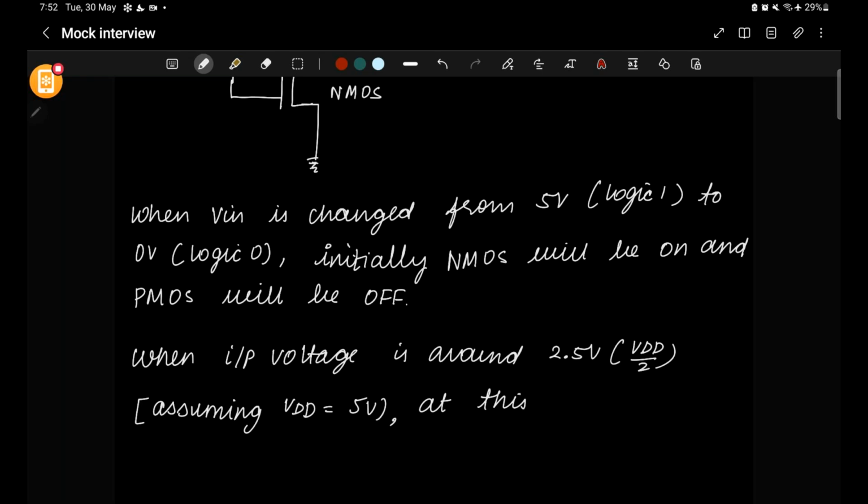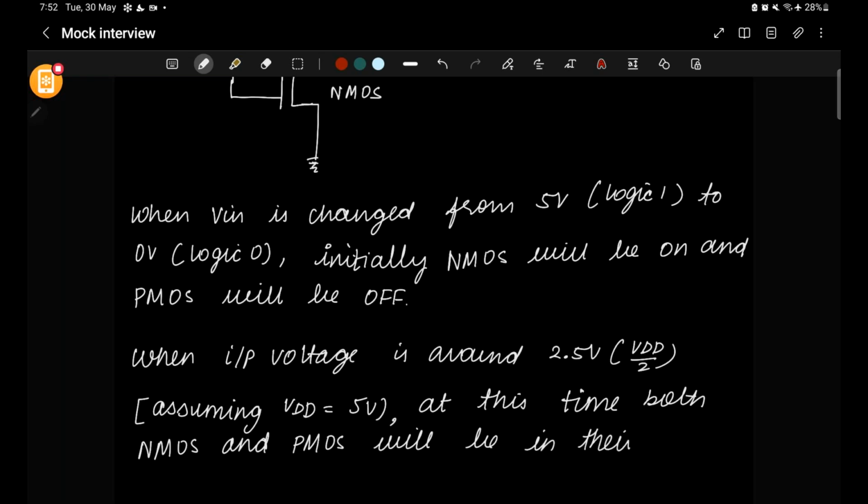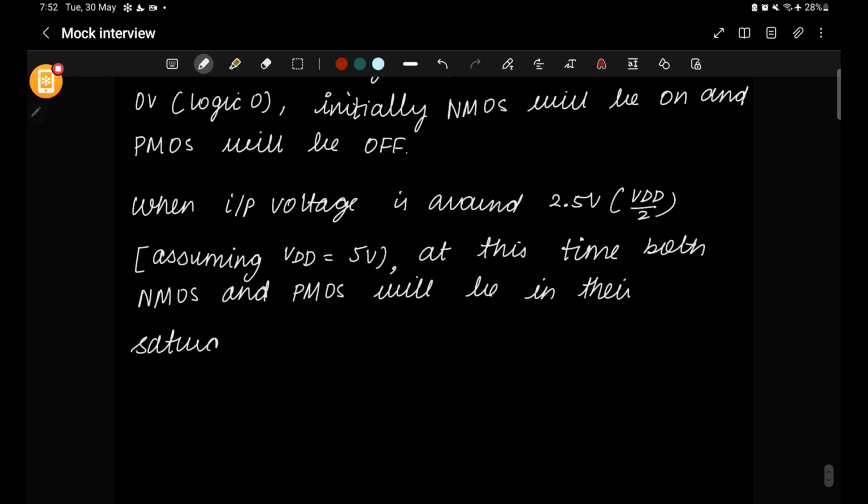You can refer to the regions of operation of NMOS and PMOS to understand CMOS circuits. They prove it with formulas, showing how when Vin is equal to VDD by 2, both NMOS and PMOS are in saturation.